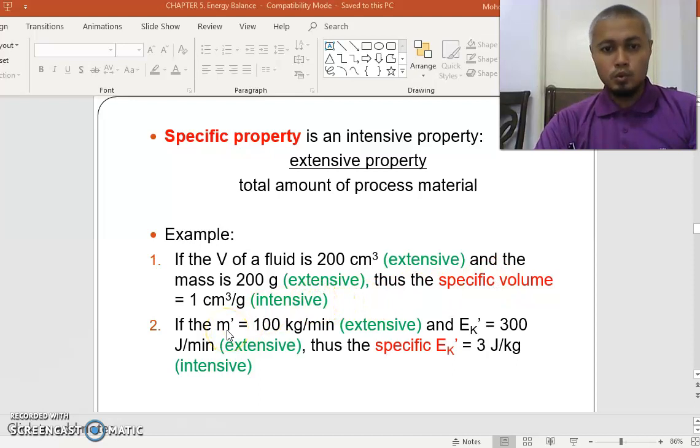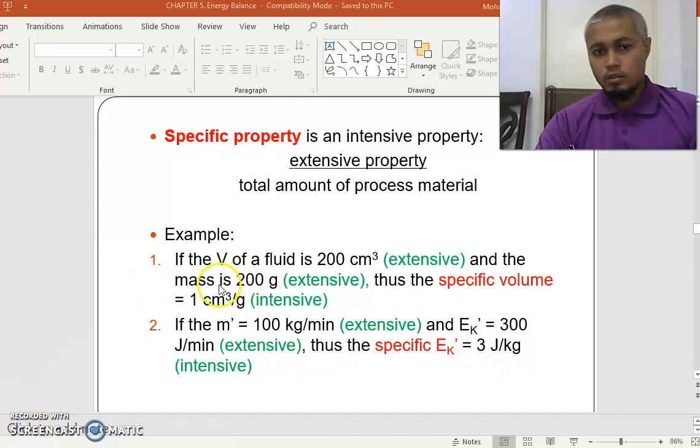Now we go to the next example. If we have a mass flow rate of 100 kg per minute, which is an extensive property, and kinetic energy of 300 joule per minute, also an extensive property, then the specific kinetic energy will be 3 joule per kilogram, and this is an intensive property.